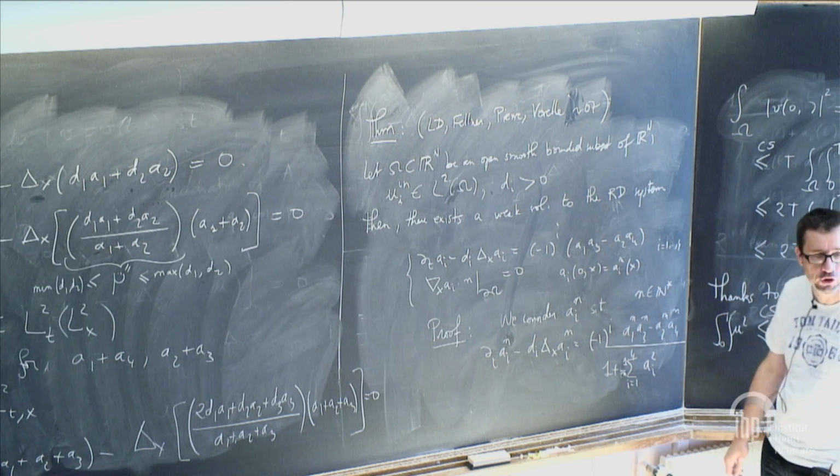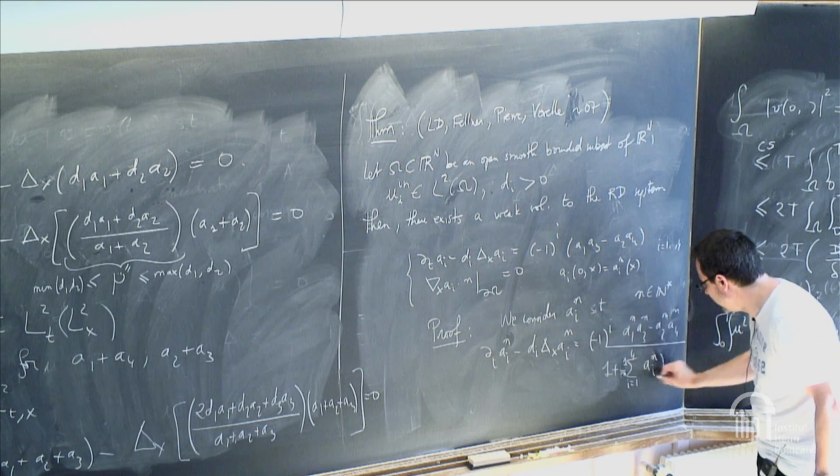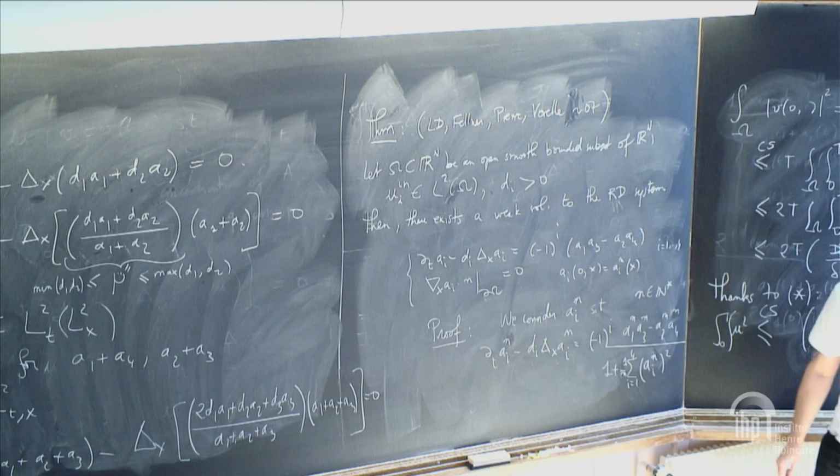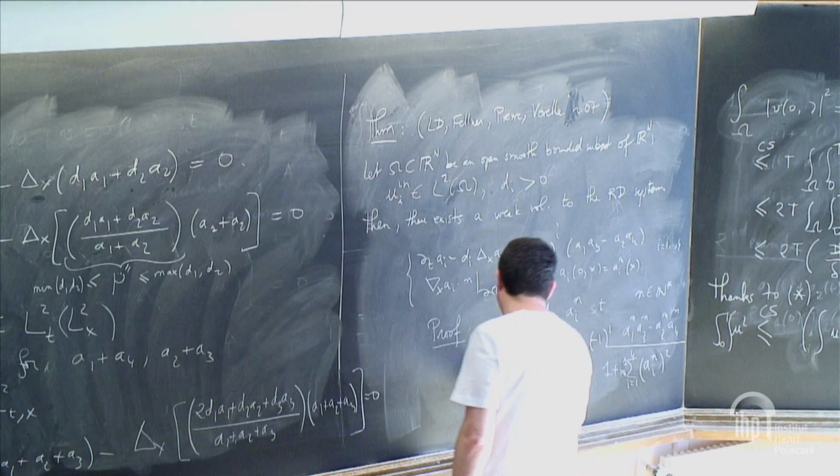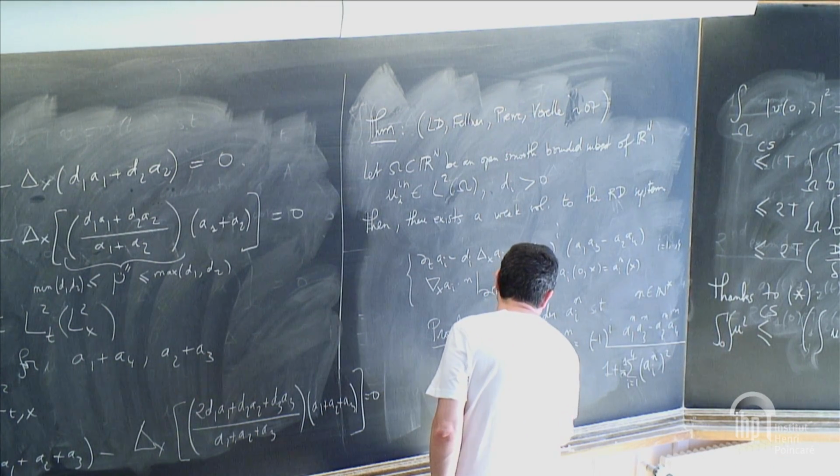This is a very bad notation. Okay, AIN to the square. And plus Neumann boundary condition plus initial data.